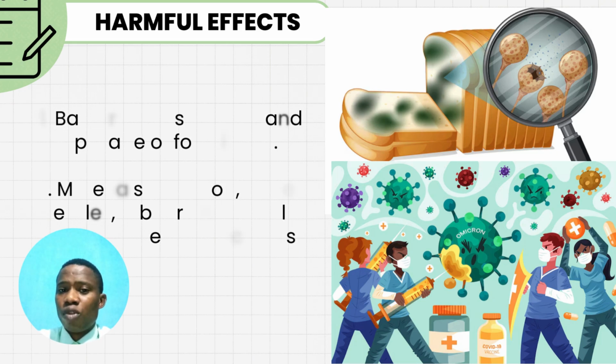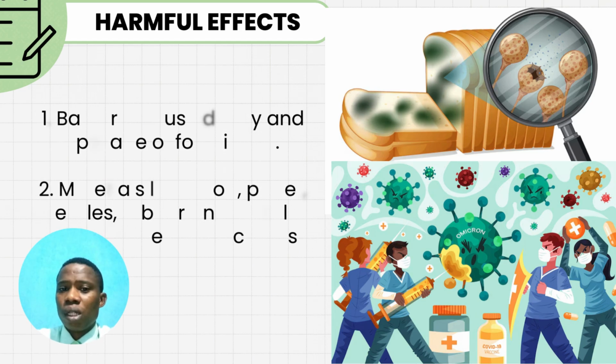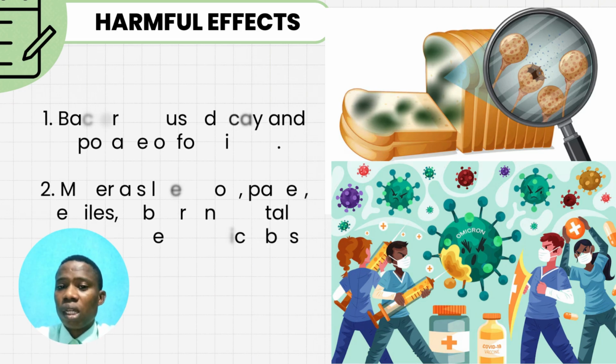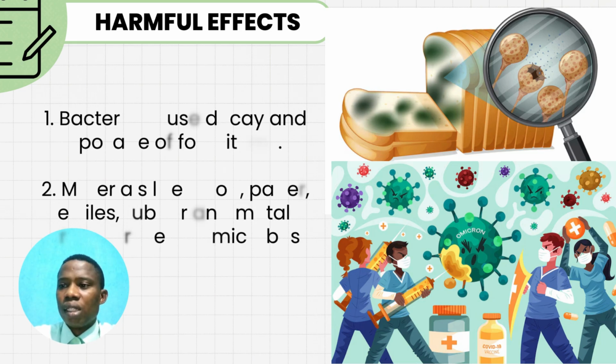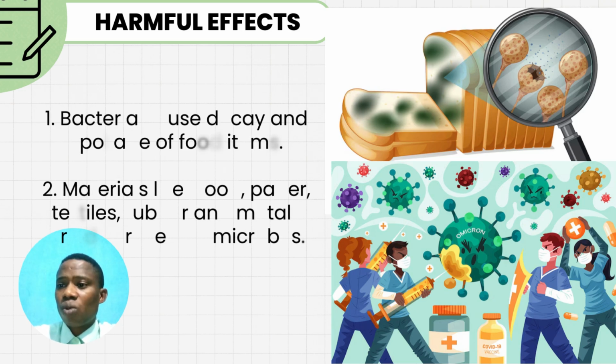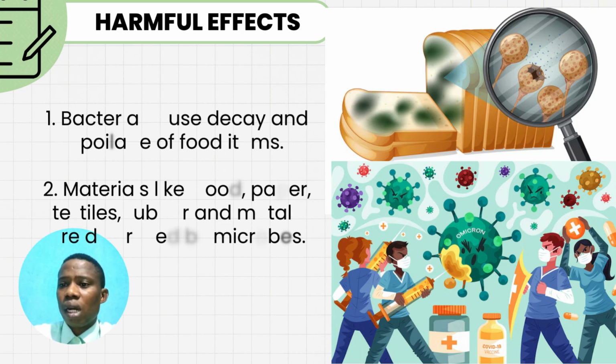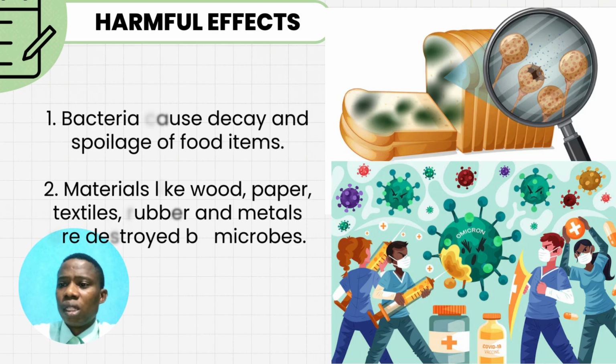If you have a loaf of bread which is exposed to air and bacteria perch on it, you discover that it will cause a decay in the slice of bread. 2. Materials like wood, paper, textiles, rubber, and metals are destroyed by microbes. And 3. They cause diseases of different types.